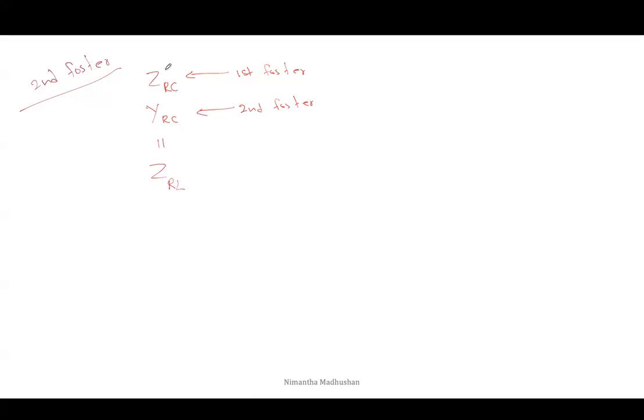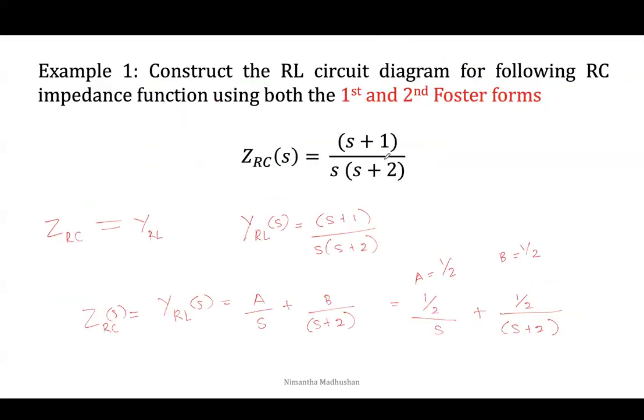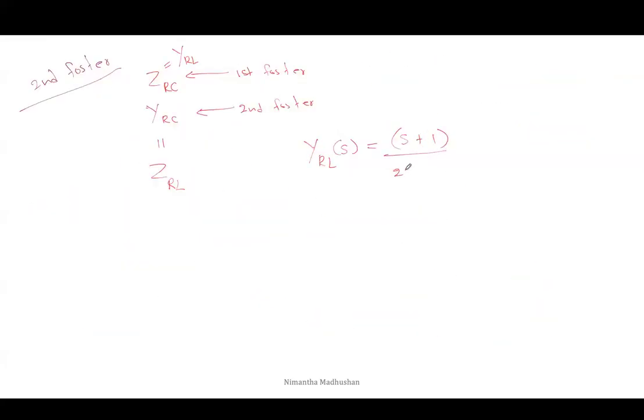Same as the previous one, the impedance value of an RC network is equal to the admittance value of an RL network. Then the admittance value of an RC network is equal to the impedance value of an RL network. Then our impedance value of the RL network is (S plus 1) over 2S times (S plus 2).